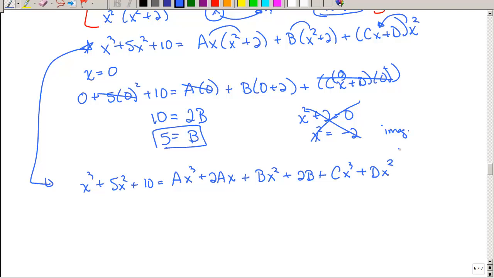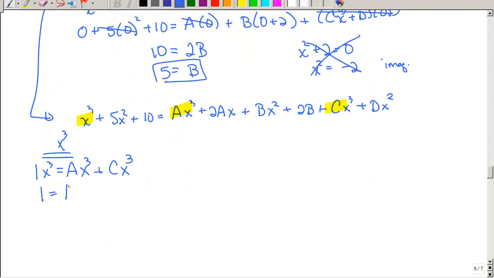So I need A, C, and D. Well, I'm just going to dive in, and I'm going to look at my x cubes. I only have two of those. That might be pretty easy. So I have 1x cubed equals Ax cubed plus Cx cubed. So 1 equals A plus C. Well, that's one equation, but it doesn't tell me A or C.